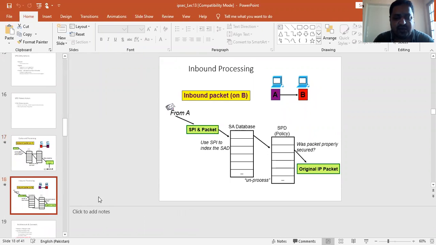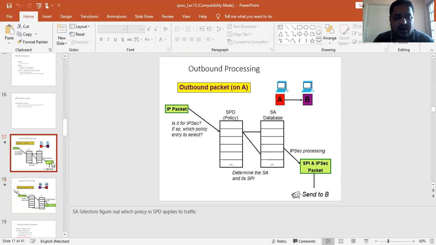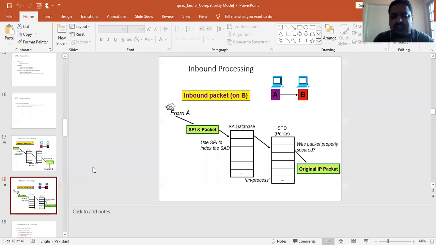So we have outbound data, which is the data sent out of the network, and inbound data, which is the data received by the receiver.